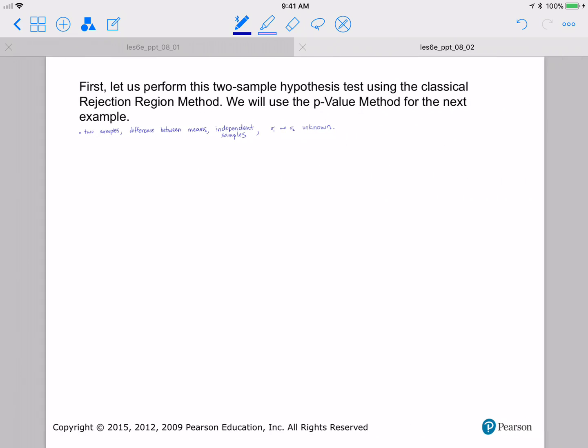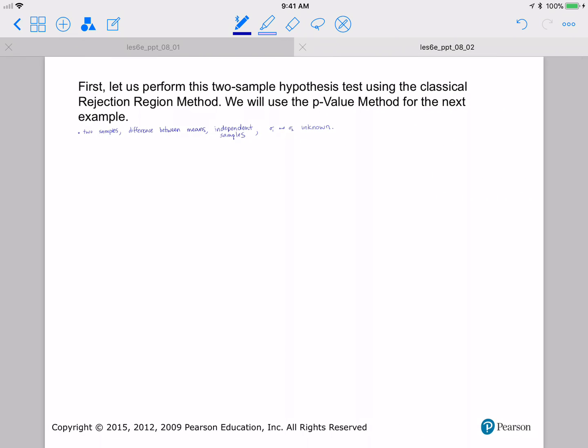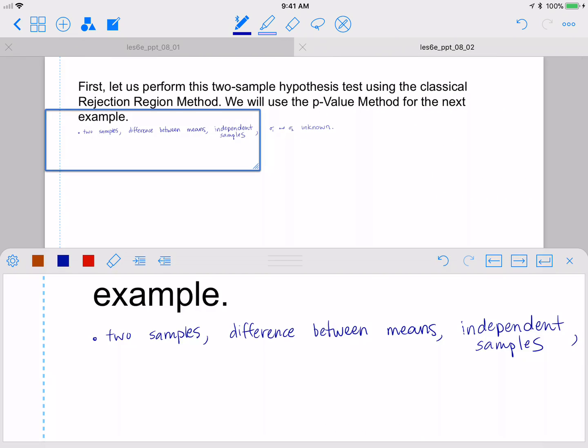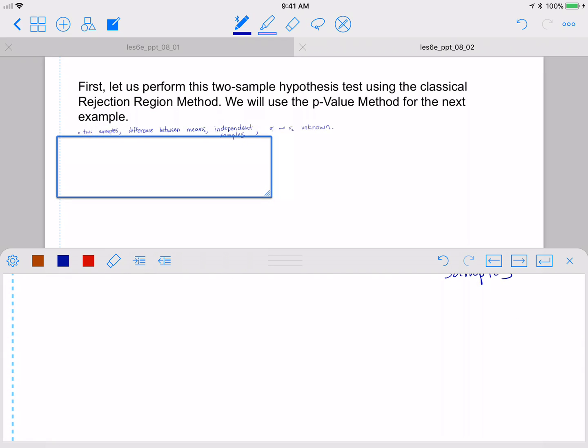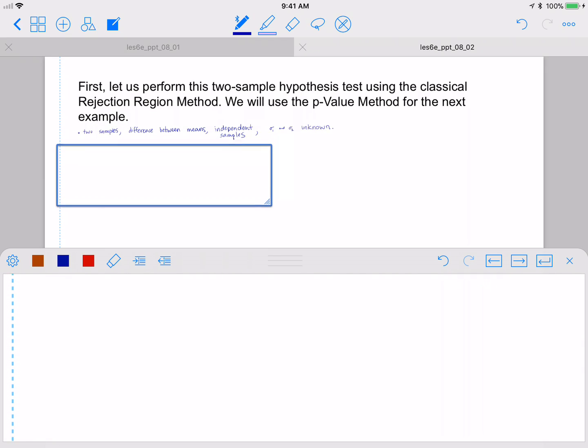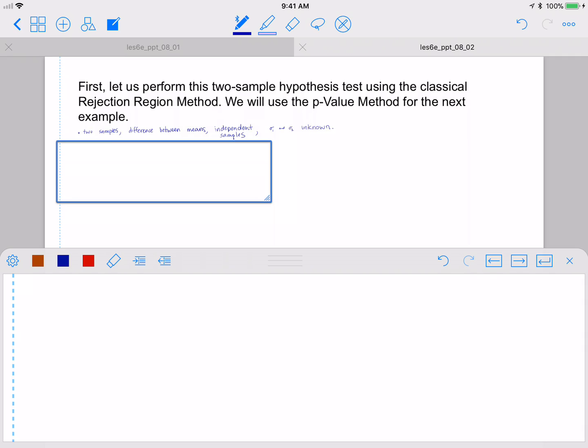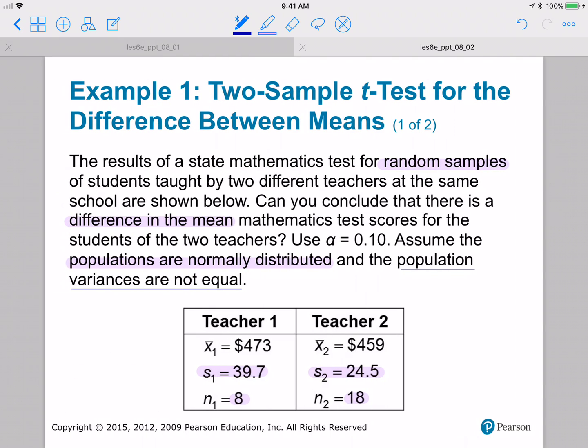Okay, so first thing we want to do is determine our null and alternative hypotheses. So we need our claim. So what is the claim? The claim is, let's go back. Can you conclude that there's a difference in the mean mathematics test scores for the students of the two teachers?